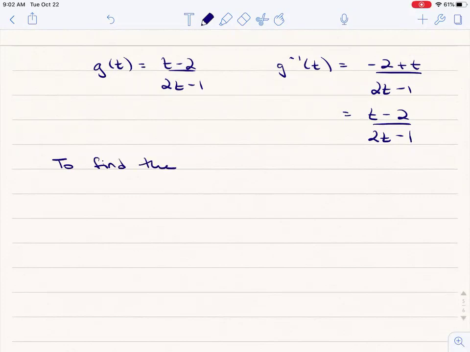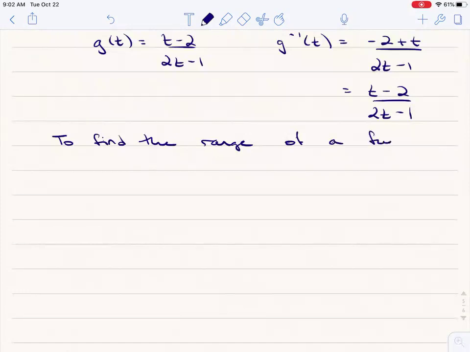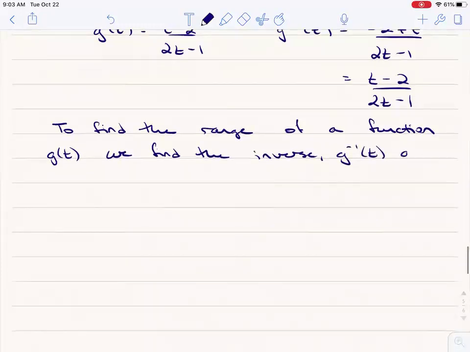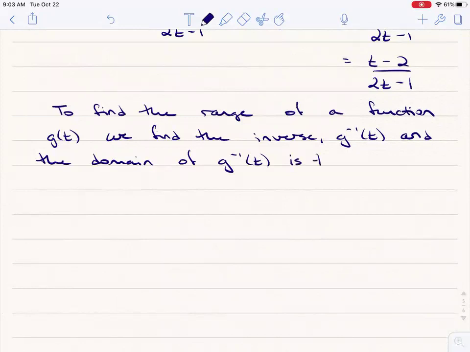To find the range of a function, g of t, for example, we find the inverse, g inverse of t, and the domain of g inverse of t is the range of g of t, and vice versa.